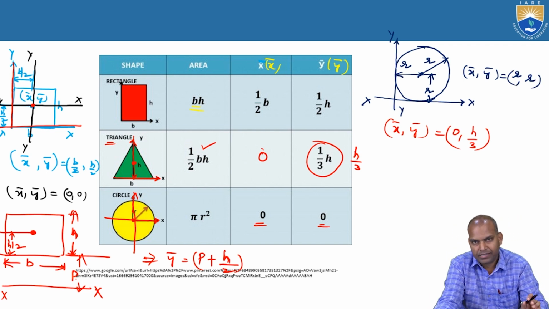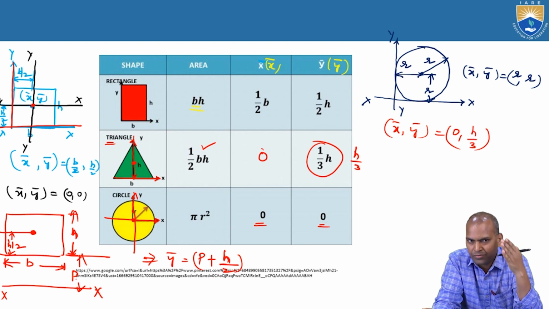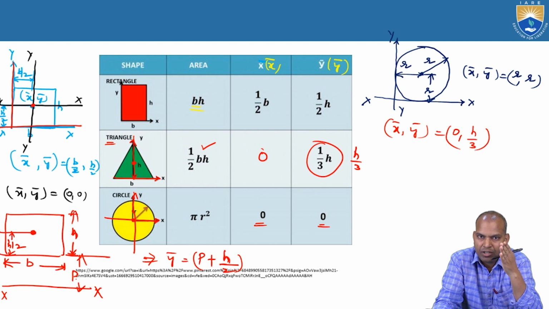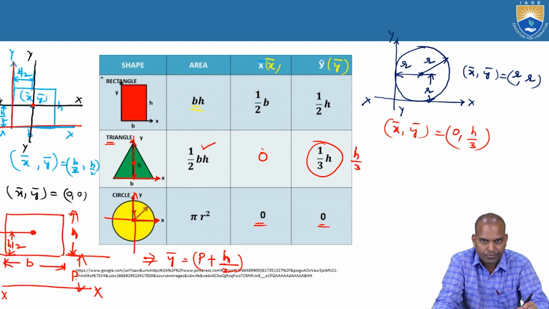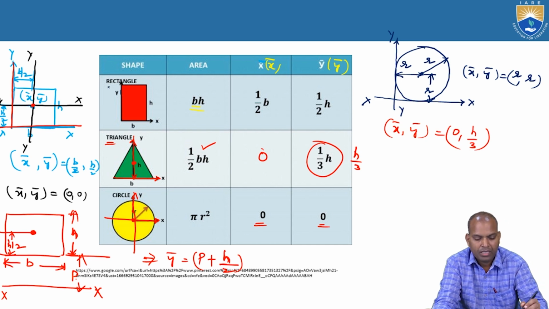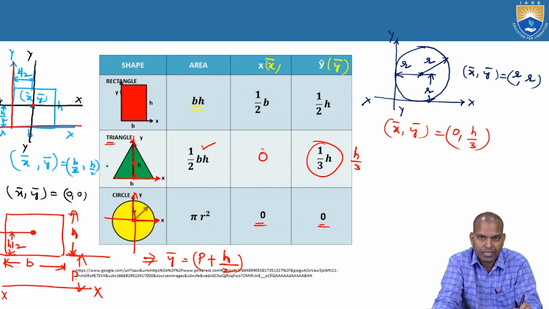So we have to know the basics: where is the location of the reference axis, and what are x bar and y bar. Let us recapitulate some of the points. For the rectangle, the reference axes are at the base b and at the height h, the vertical side. For the triangle, the y axis is passing through the centroid and the x axis is at the base b.